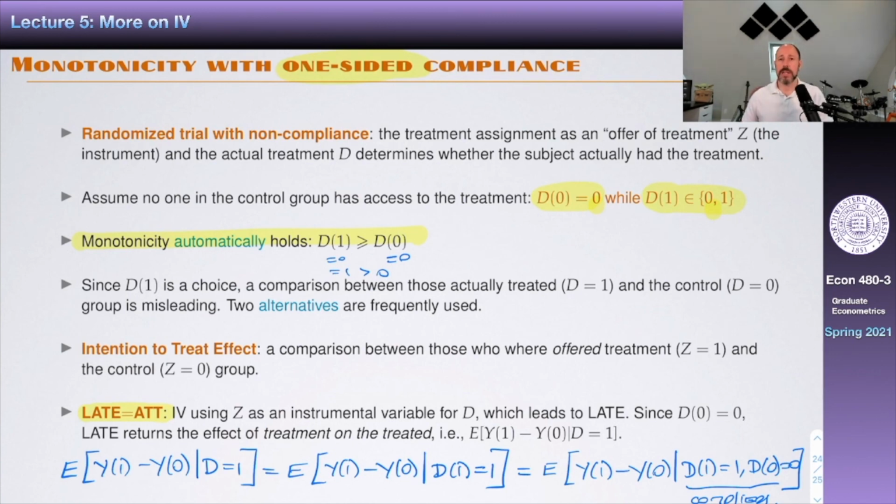LATE identifies this particular effect on the compliers, and there are settings in which the complier is exactly the subgroup of the population that you care about. In other settings, that's not what you care about. This is not the actual policy that you care about. So it is important, as you move forward and start doing your own research, say if you're doing applied micro or the like, that you pay attention to whether the parameters that you're identifying are the ones that you really care about in your setting, as opposed to just doing things because other people are doing things. You should make up your own mind.